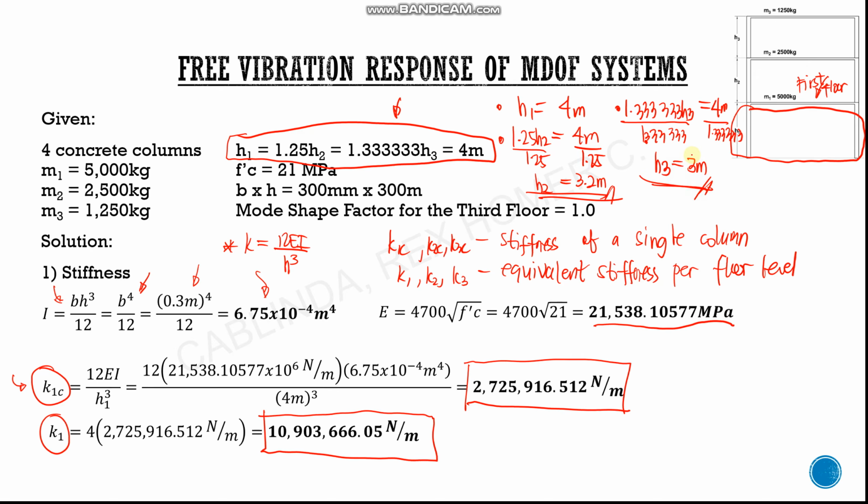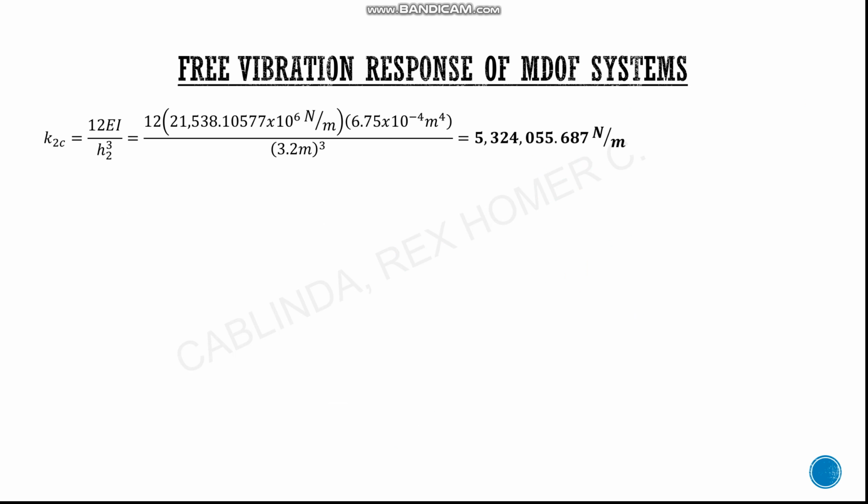I forgot to show you, but that's how we got the height of the columns. So for the second floor column, H is 3.2 and the stiffness is 5,324,055.687 Newton per meter, and this is the equivalent stiffness of the second floor columns.